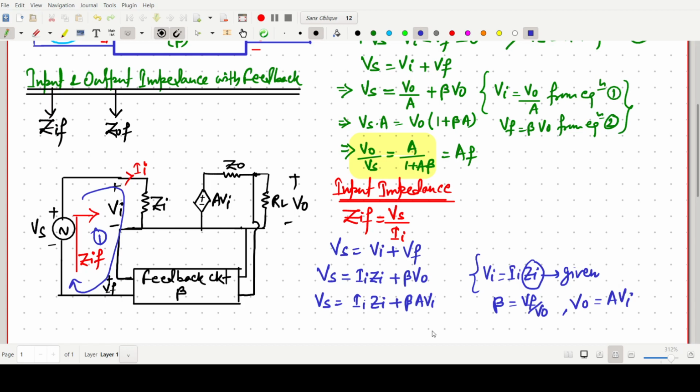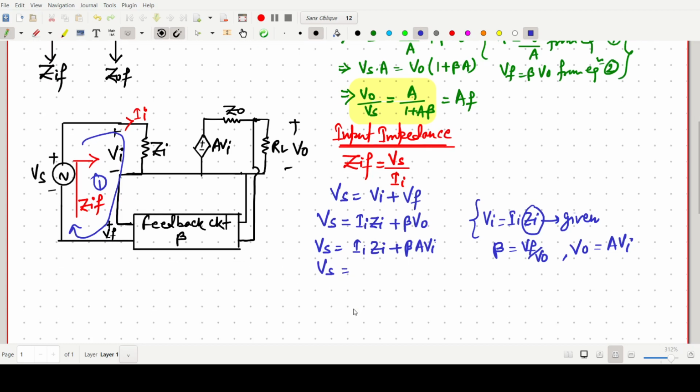So now this Vi again we can write Vs equals Ii Zi plus beta A, and Vi is the same as Ii into Zi.